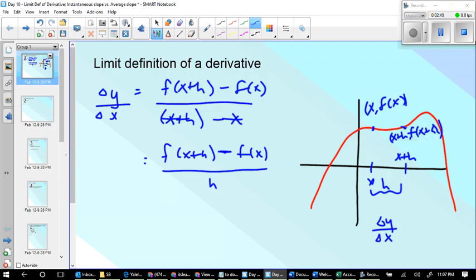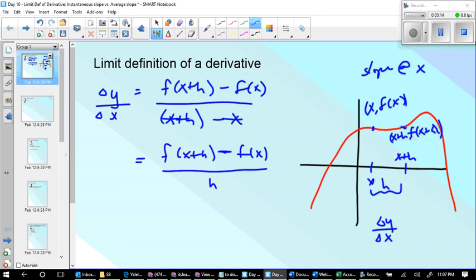So that's all nice, fine, and dandy. When I have 2 points that are relatively far away, it's easy to think about that. But really, if I want my slope at a point, at x, my instantaneous slope, aka my derivative at x, that means that I want these 2 points to get super, super, super close together.